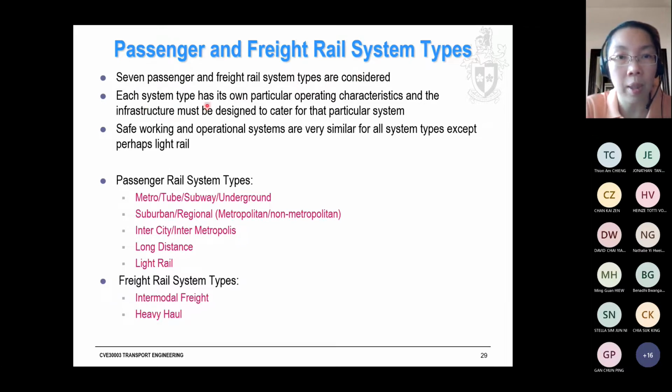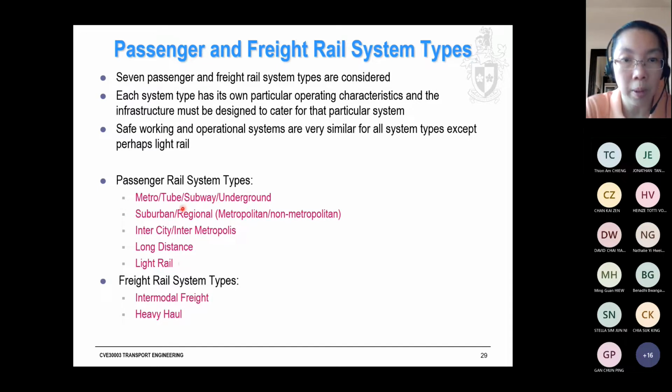Each system type has its own particular operating characteristics, and the infrastructure must be designed to cater for that system. All right, so here we see safe working and operational systems are similar for all system types except light rail. So for passenger rail, we have all different types catered for different use.